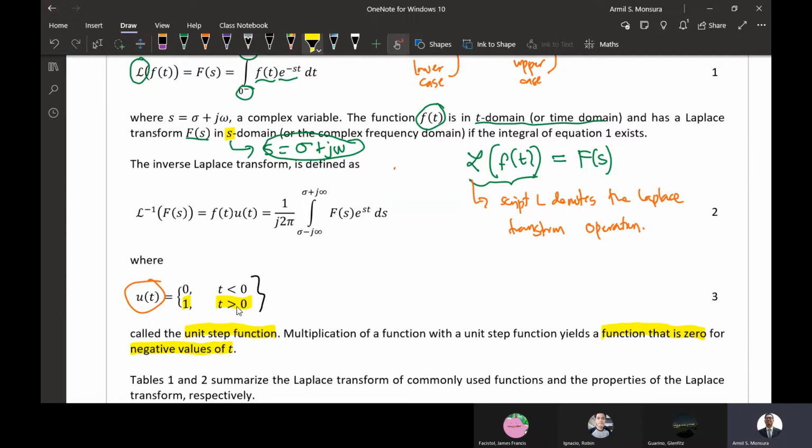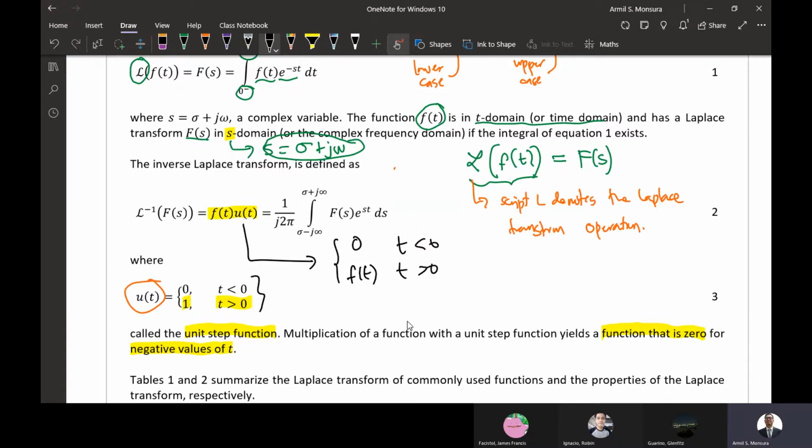Therefore, it retains the value of your function when t is positive, while the product is 0 whenever t is negative. So that function has a value of 0 whenever t is negative, and f of t when t is positive.